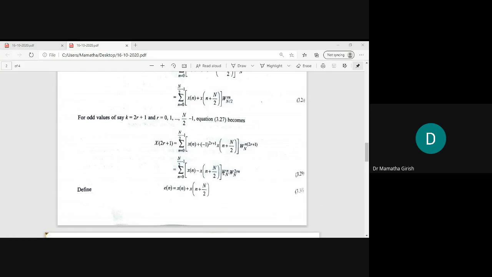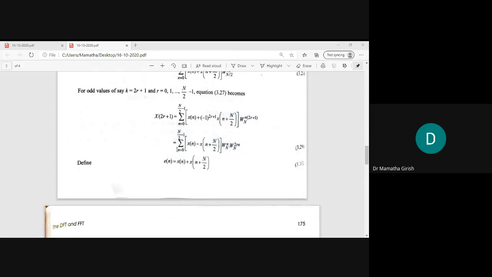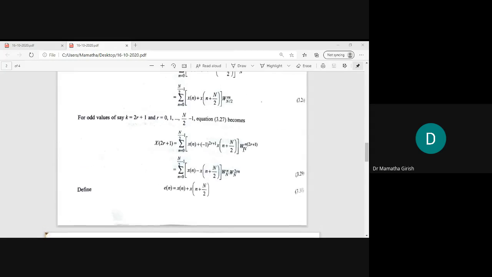Okay, and please note that here as such they have done a small mistake. No, it's fine, because this term is common to both the first term as well as the second term. No issues, it's right. So this is the resulting equation for the odd frequency samples of x of k.